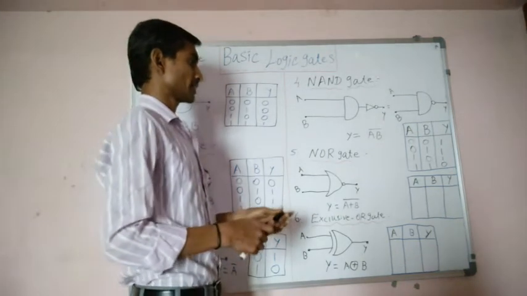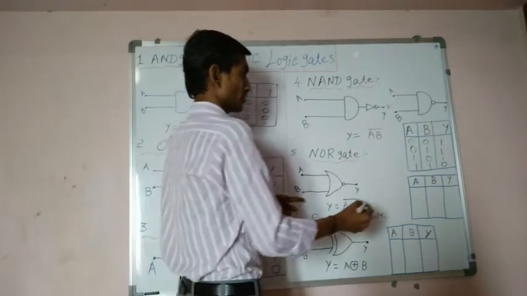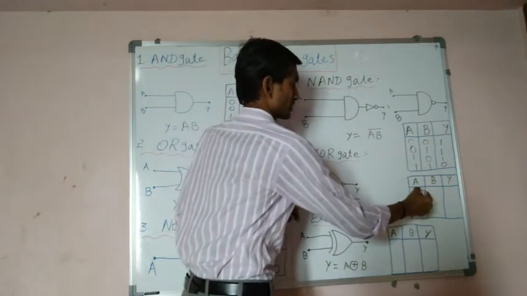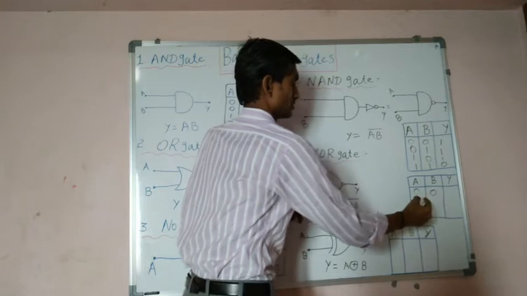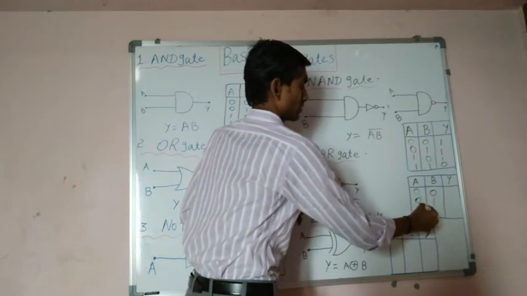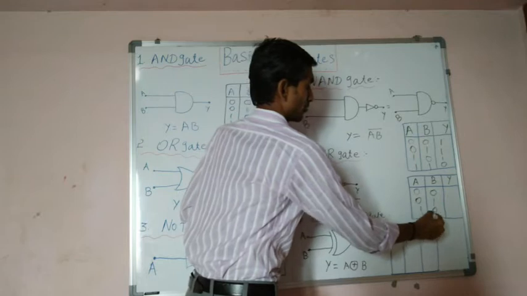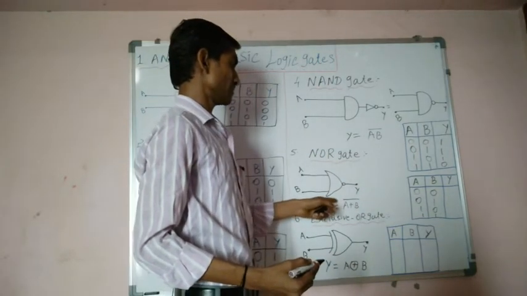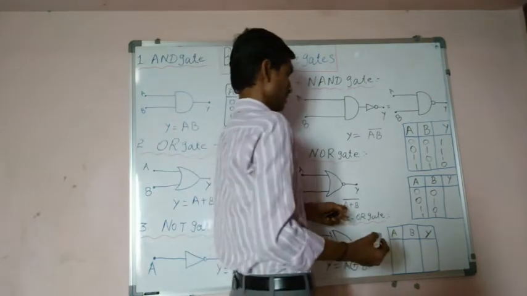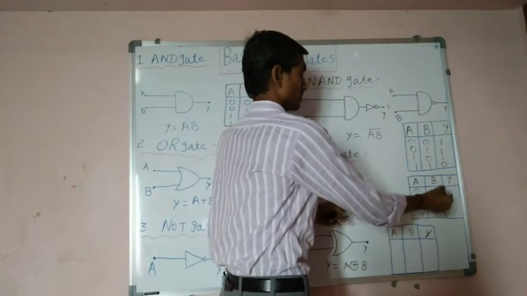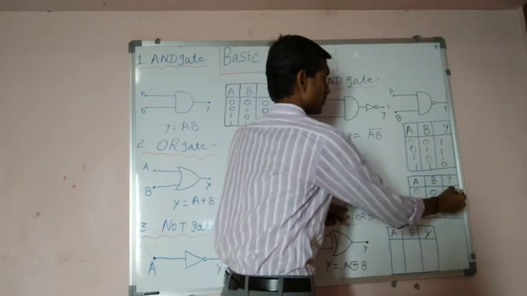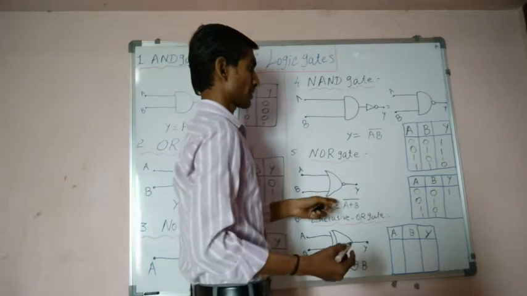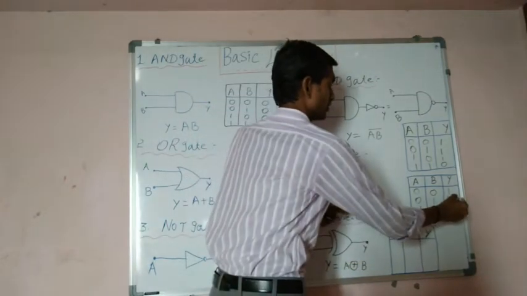Now we are going to write the truth table. So A and B, there are two possible inputs. 0, 0, 0, 1, 1, 0, 1, 1. First one addition, second one complement. 0 plus 0 is 0, complement of 0 is 1. 0 plus 1 is 1, complement of 1 is 0.